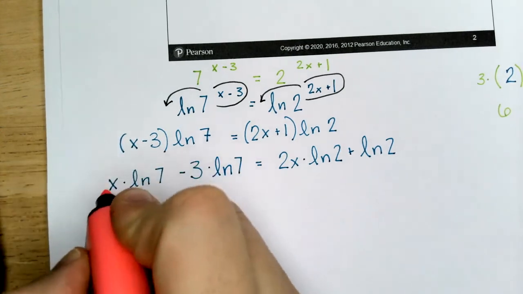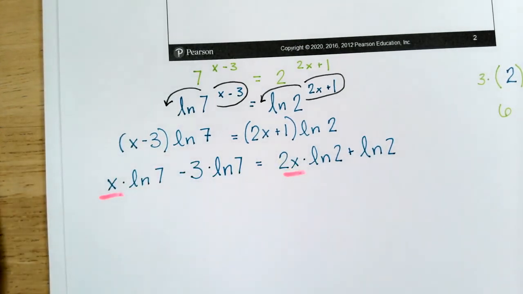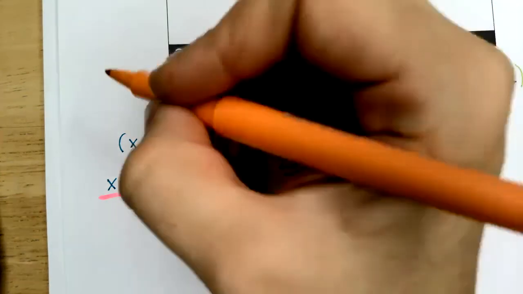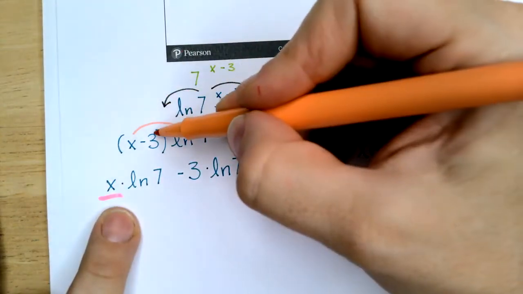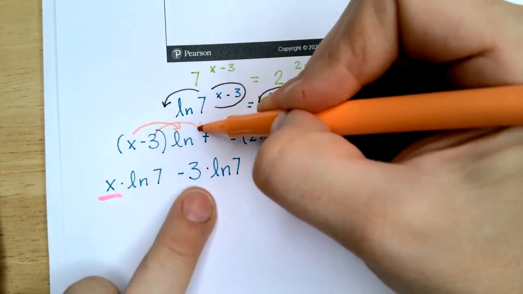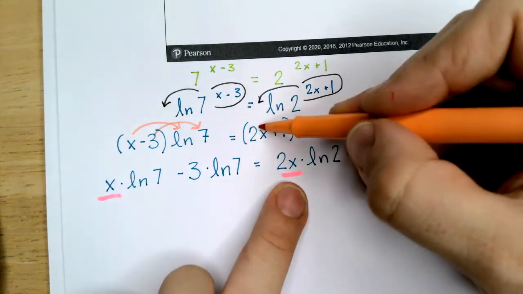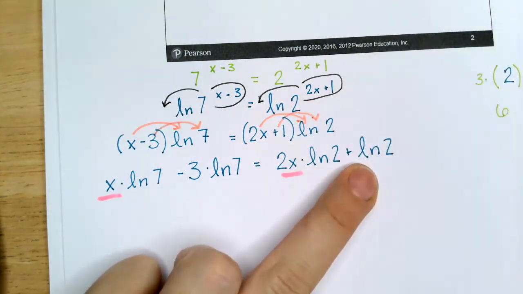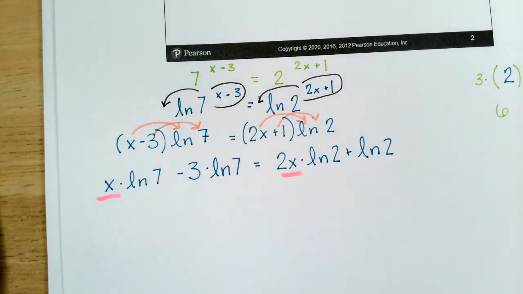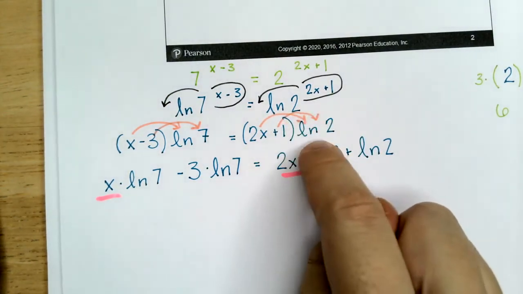The thing I'm solving for is x. What I just did in that step was to distribute. That one's here. That one's here. That one's here. That one's here. So I just distributed, and this is one term.